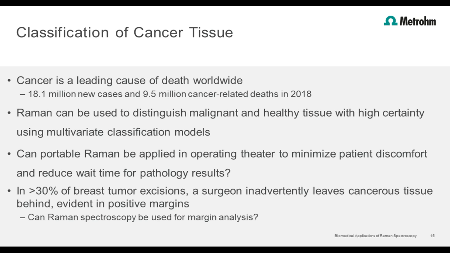So you can understand why it's been such a growing application for Raman spectroscopy in recent years. So because healthy tissue and cancer tissue have their own different biochemical compositions, we can actually use the differences in their Raman spectra to distinguish healthy tissue from cancer tissue.